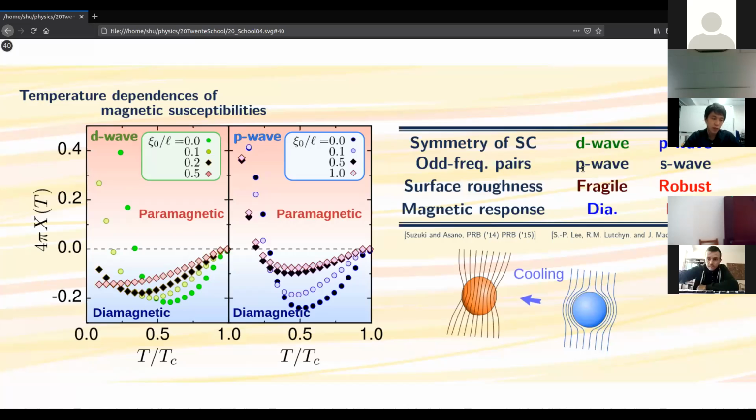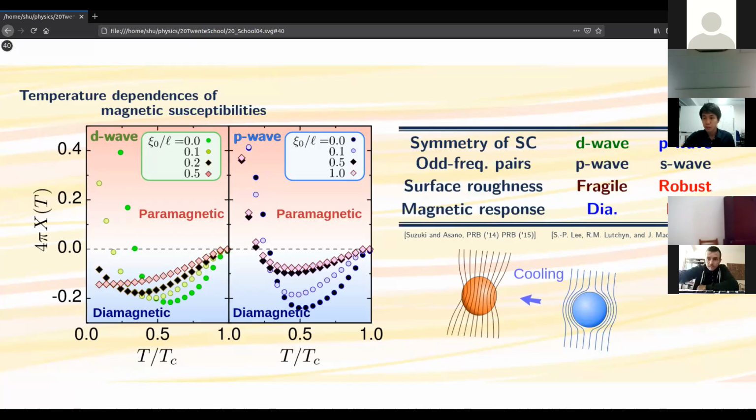Because P-wave is an anisotropic pairing, such an anisotropic pairing is basically very fragile against the impurity potentials. So as a result, the D-wave superconductor shows the usual diamagnetic response when the surface roughness is quite strong.